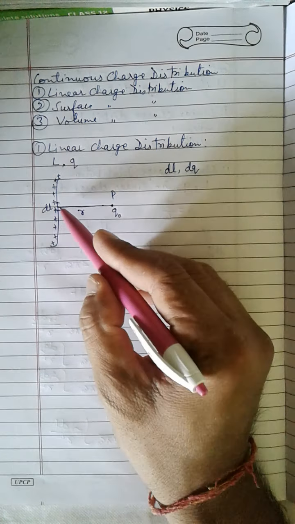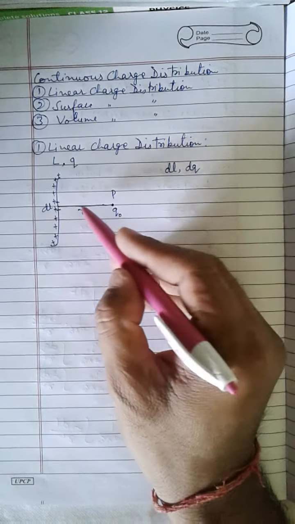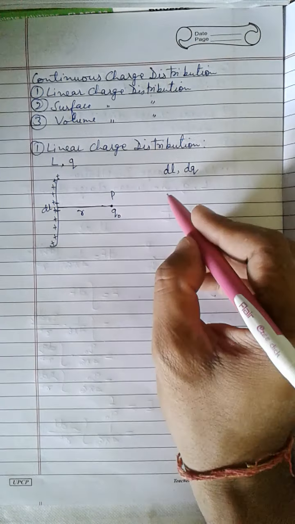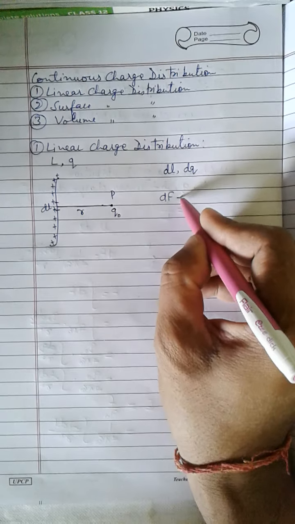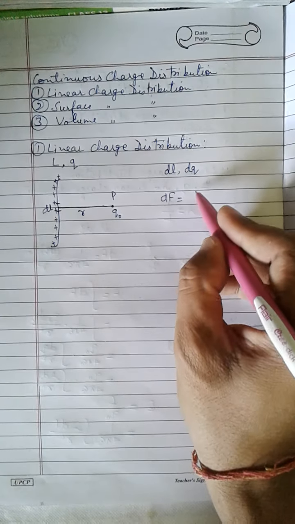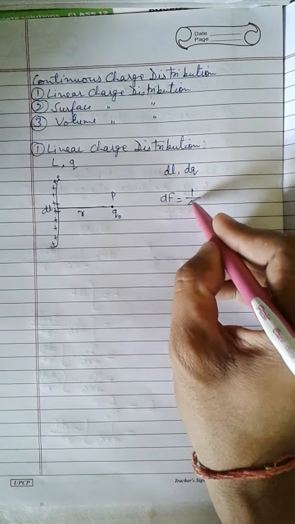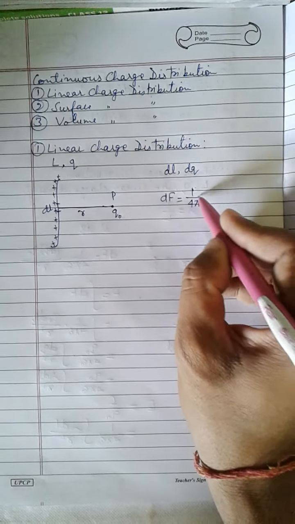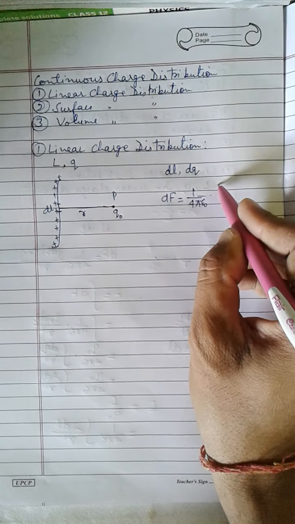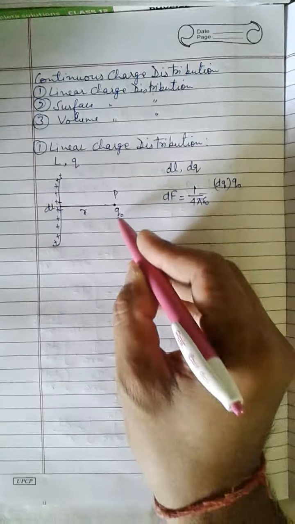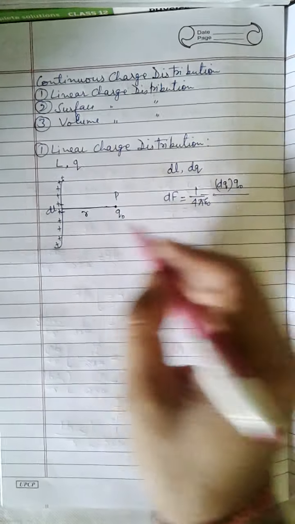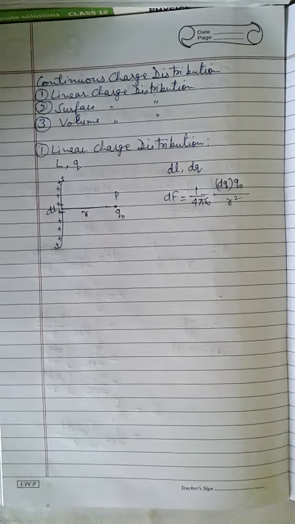So the force due to this element dl at P will be very small, and that small force is denoted by, suppose, dF. And what is the Coulomb force? It is 1 upon 4 pi epsilon naught q1 q2 upon r square. Q1 is the element, and q2 is the test charge, and the distance between them is r.